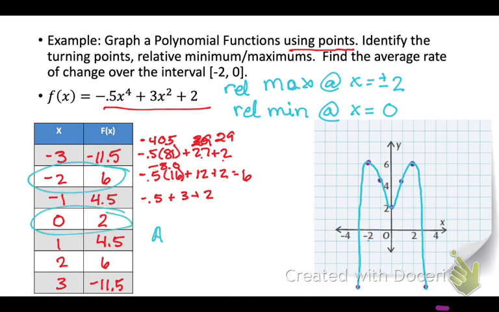So average rate of change: y minus y, so 6 minus 2 over -2 minus 0. So 4 over -2 is -2. Could I use these 2 points in my chart so I wouldn't have to calculate them again? Yes. Okay.